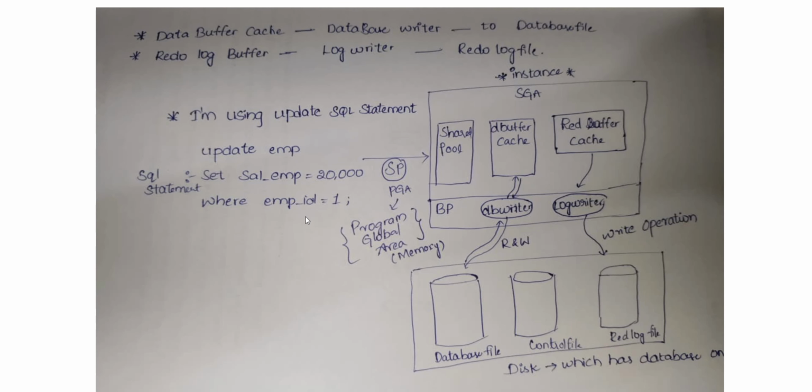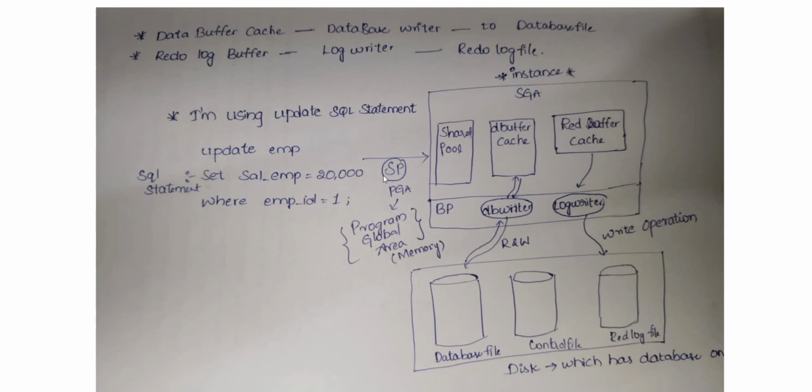And now let's discuss what the redo log buffer and redo log files are, and also the process log writer, and how it helps the files. Actually, the redo log buffer is also a cache memory that is present in the SGA of the instance, whereas redo log files are present on the physical disk, that is, the database.